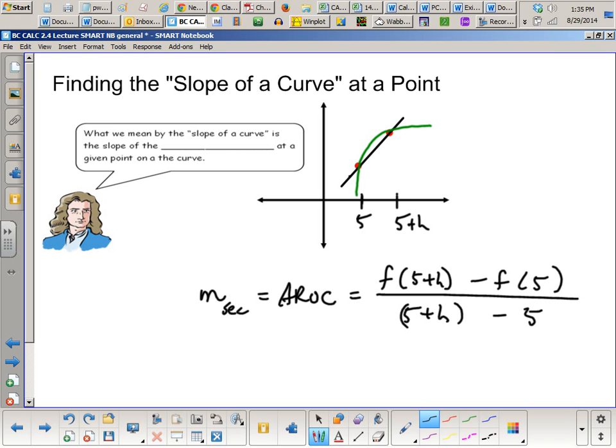Because this is the point 5 comma f of 5, this first point, and this up here is the point 5 plus h comma f of 5 plus h. So all I did was write down rise over run. See it? I just did f of 5 plus h minus f of 5 all over 5 plus h minus 5. The denominator simplifies a little bit, doesn't it? What does it give you? Just h.